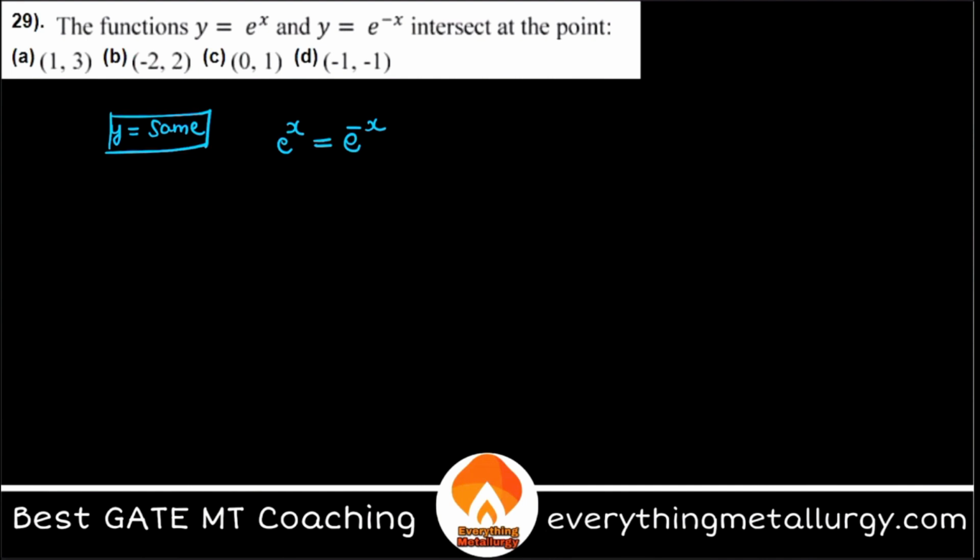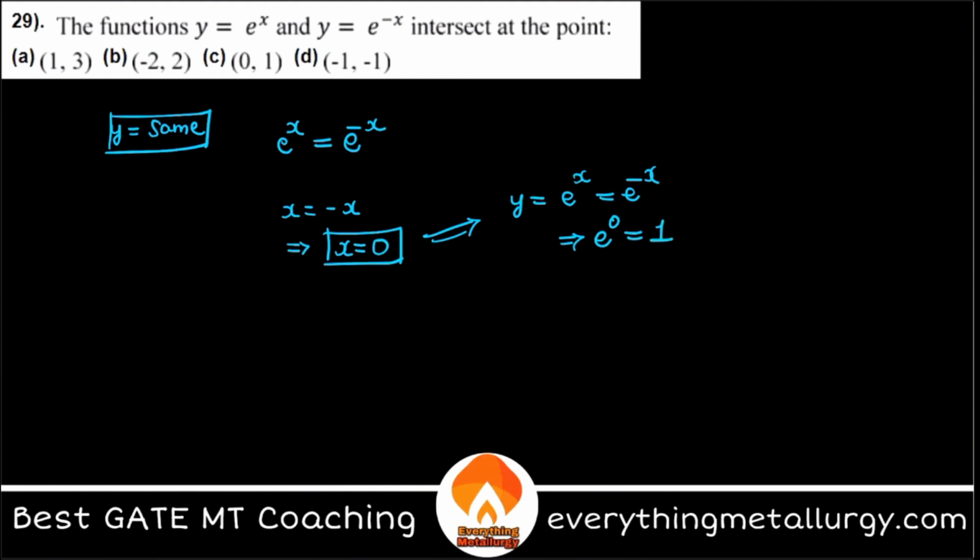In order to maintain this equality, if the bases are equal, the powers must also be equated. So x equal to minus x. This is only possible when x equal to 0. And again they are asking for the coordinates. If x equal to 0, what is y? y equal to e power x or e power minus x, in both cases e power 0, which is 1.